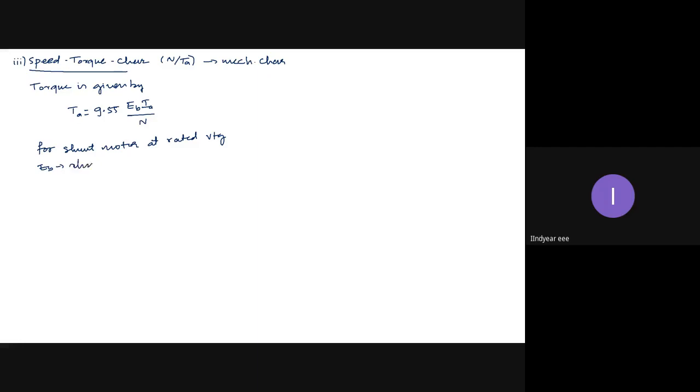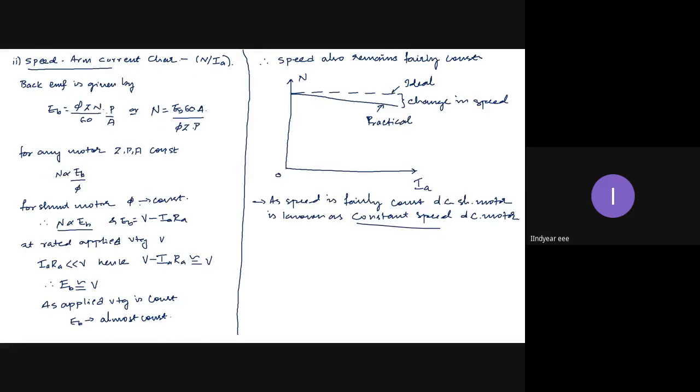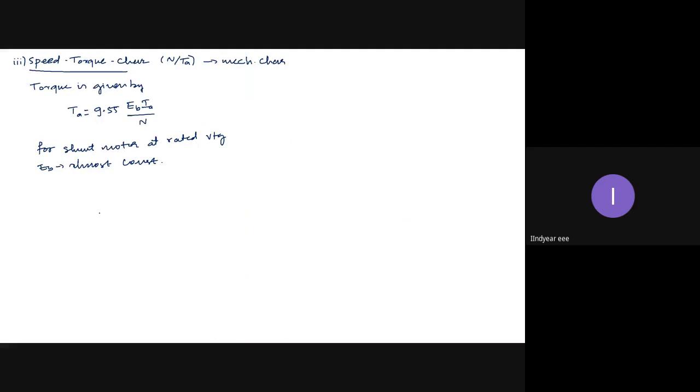This we have already seen in the previous characteristic. My EB will remain almost constant here. Therefore, my torque TA is proportional to IA by N.